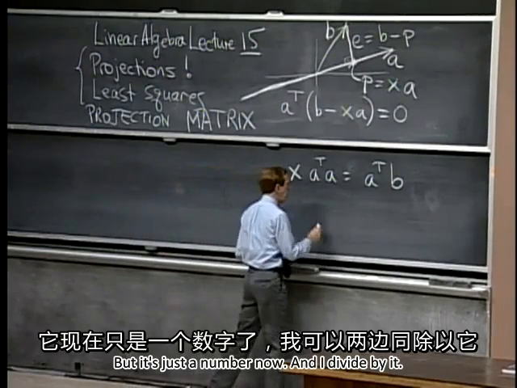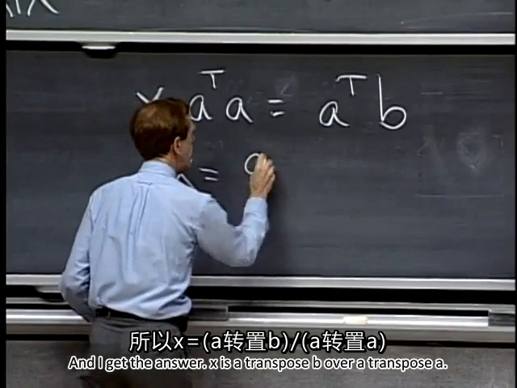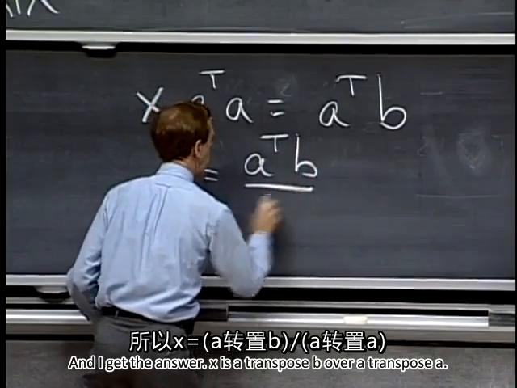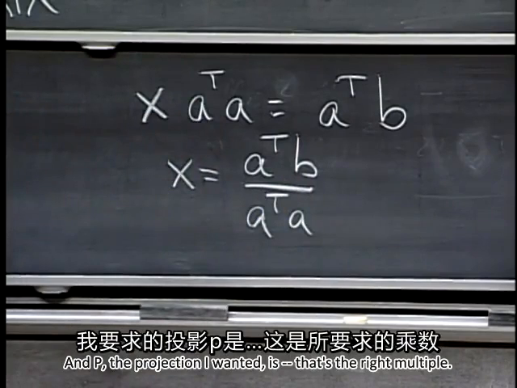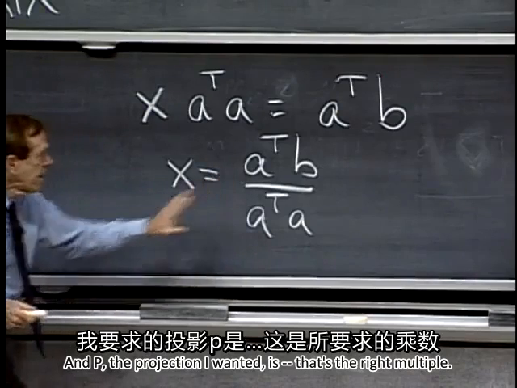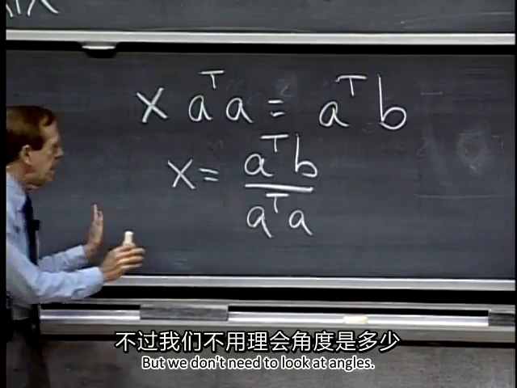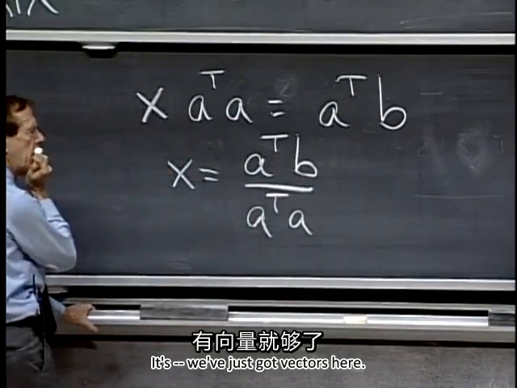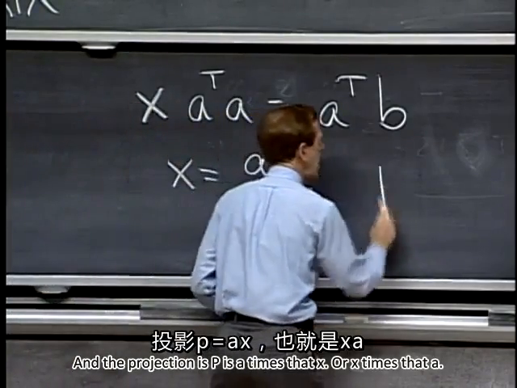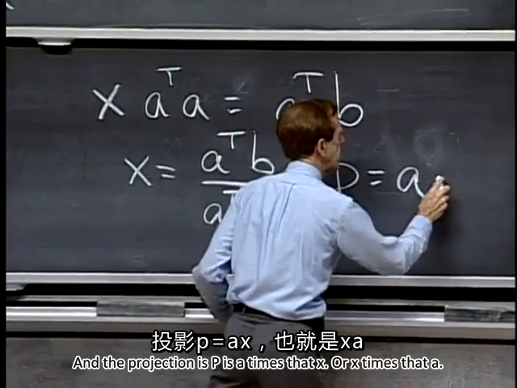And I divide by it, and I get the answer. X is A transpose B over A transpose A. And P, the projection I wanted, that's the right multiple. That's got a cosine theta built in, but we don't need to look at angles. We've just got vectors here. And the projection P is A times that x.